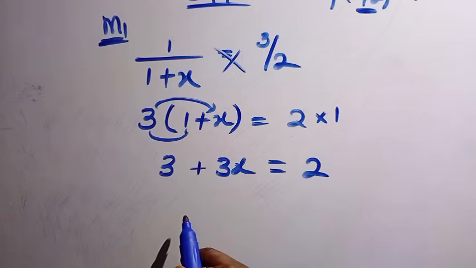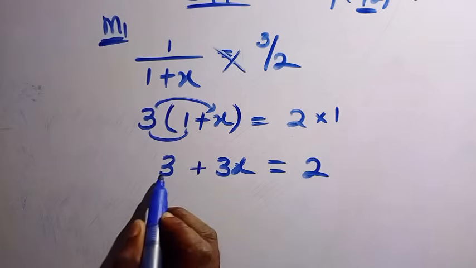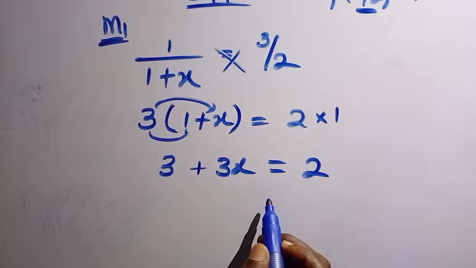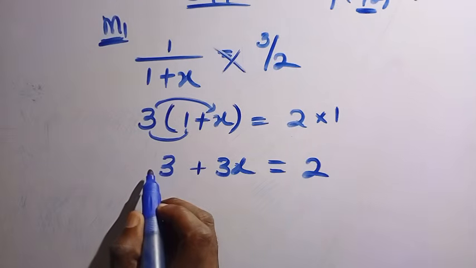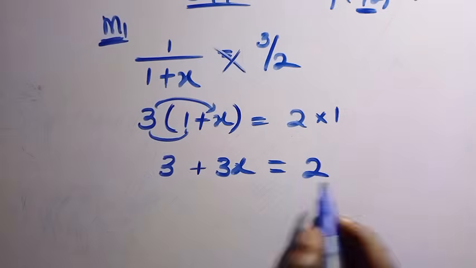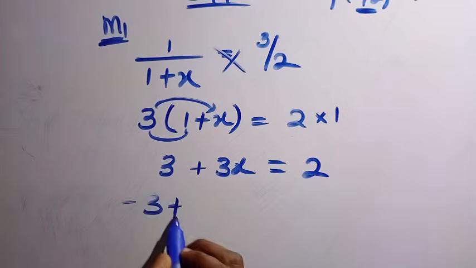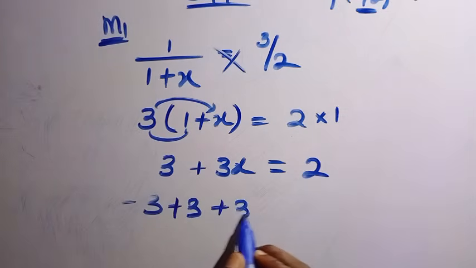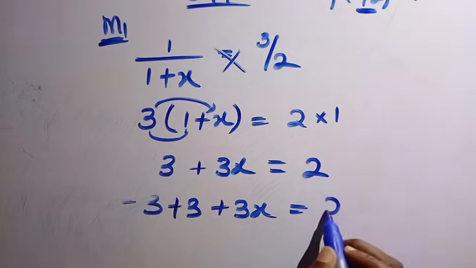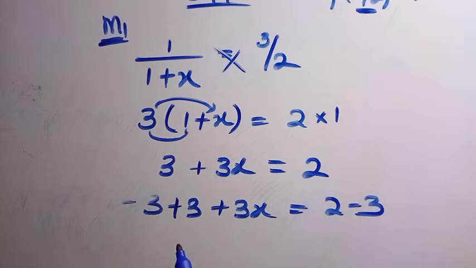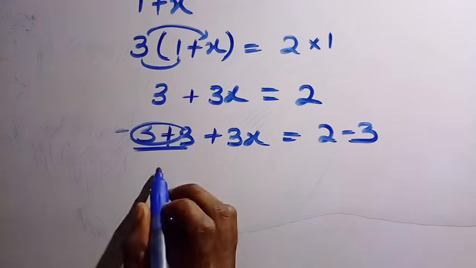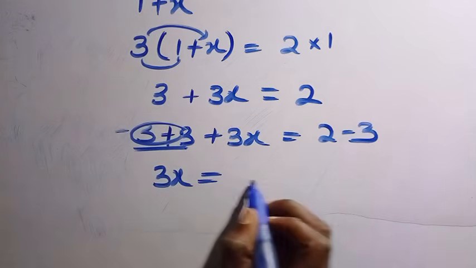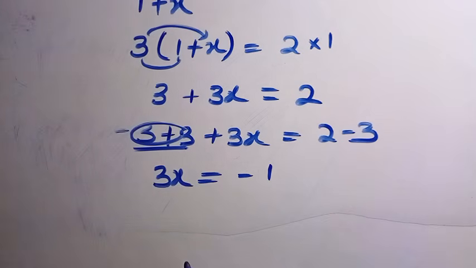The other way we can still apply to take 3 to the other side is by subtracting 3 from both sides. This is positive. It can only be cancelled here when we subtract 3 from it. Therefore, we have minus 3 plus 3 plus 3x equals 2 minus 3. With this, both of these cancel, and we have only 3x equals minus 1.